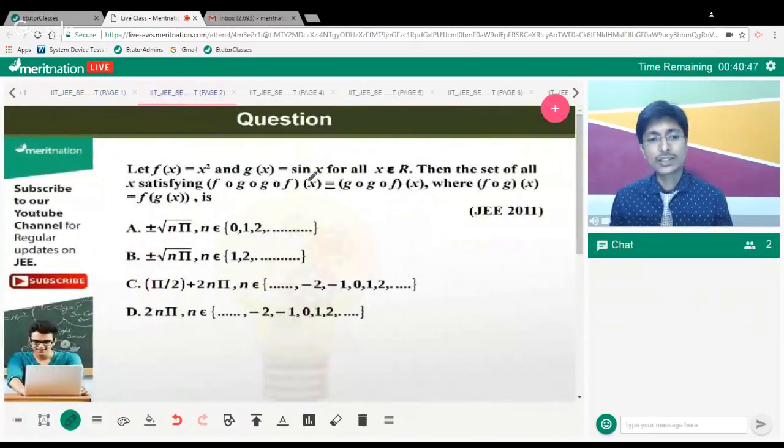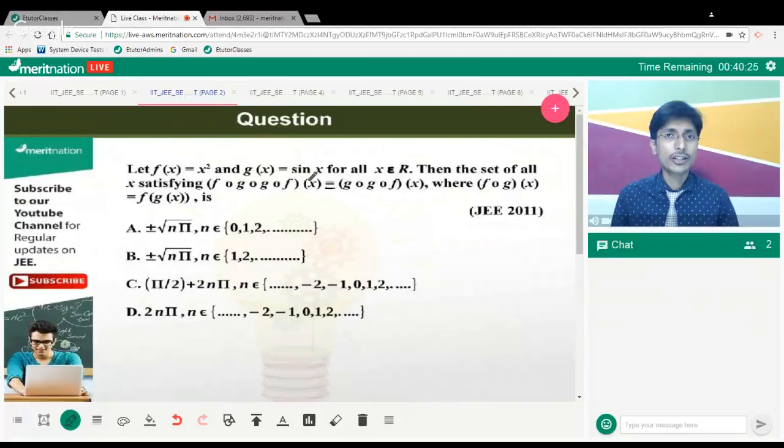In year 2011, we had a function composition question which had f(x) = x square and g(x) = sine x. Some of you might consider this a very difficult question, seeing fogofogof, but it's not.